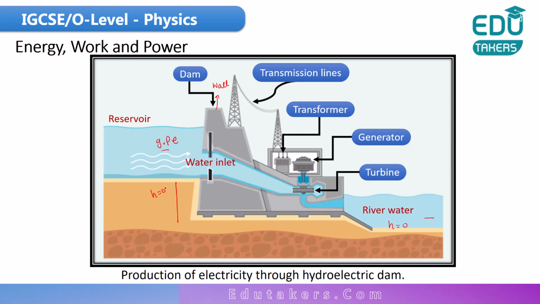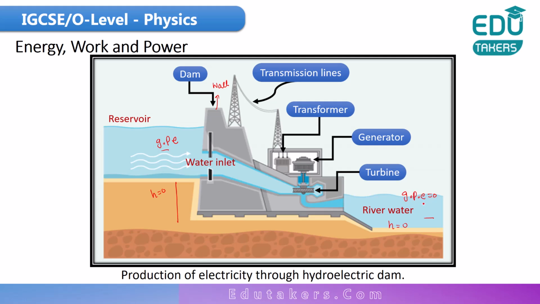And when this water moves towards the ground, means that if the water is allowed to rush downstream, then in this case the gravitational potential energy is converted into the kinetic energy, because now it is at the surface of the ground, means that here height is 0, gravitational potential energy would be 0.